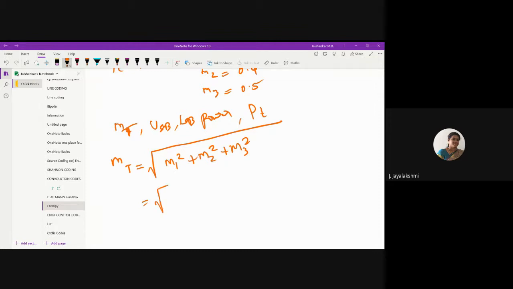So it is the root of 0.2 square plus 0.4 square plus 0.5 square. So it will be 0.04, 0.16 and 0.25. If you add and take the square root of this, it will be 0.67.